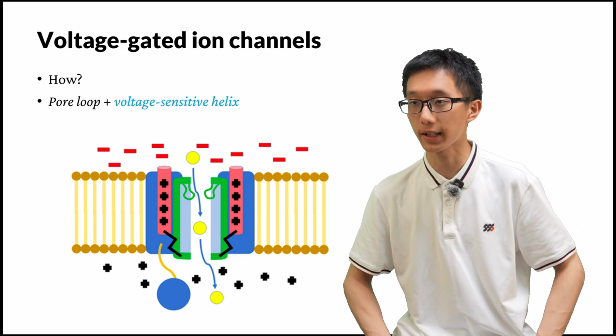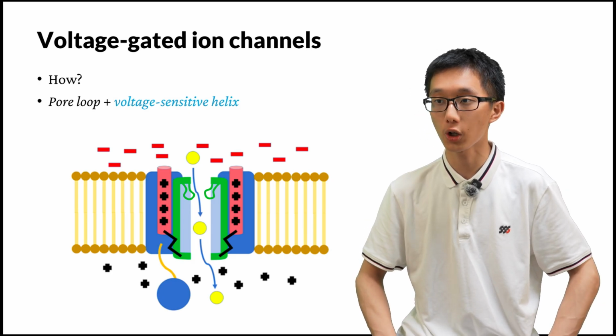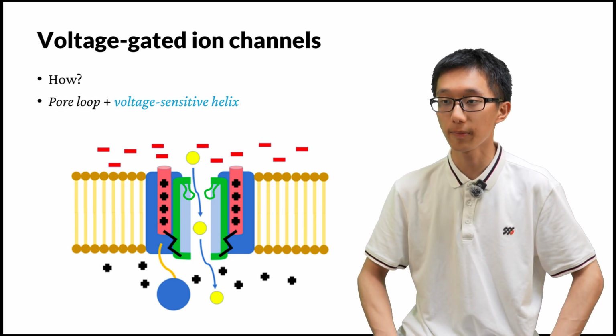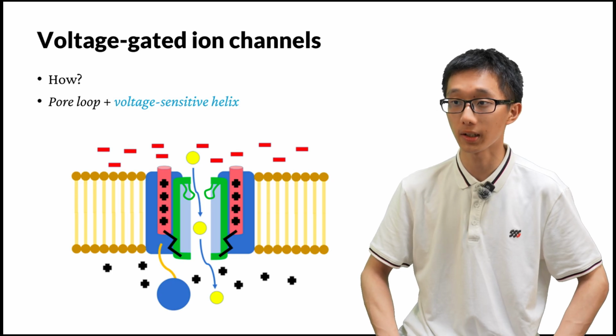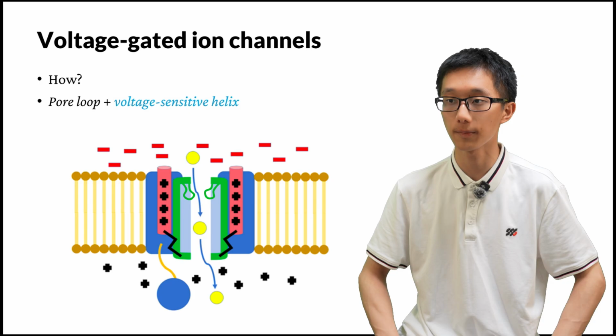How do we accomplish that? Well, this voltage-sensitive helix has many charged amino acids on it, especially amino acids with positive charges. So when the membrane potential is negative enough, it is pulled down towards the intracellular side.